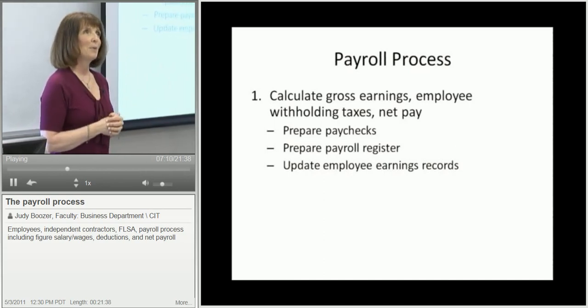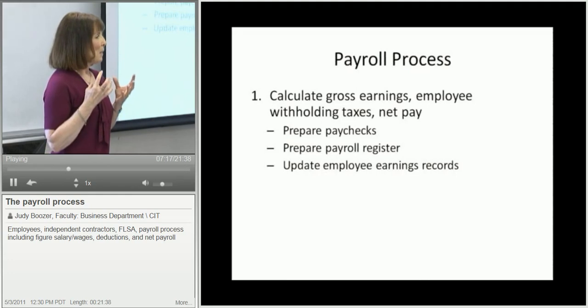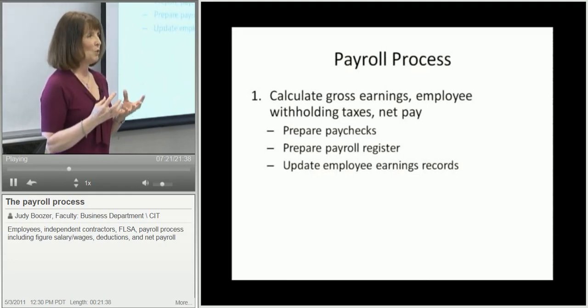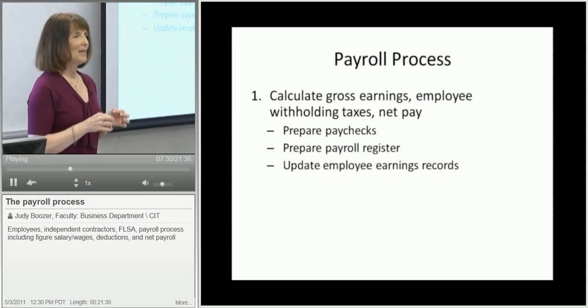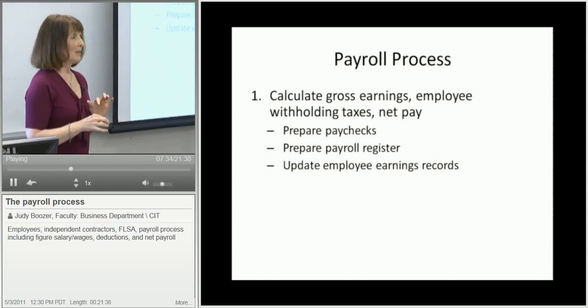So for example, if I receive a salary of $2,000 per month, that is my gross wages, $2,000. Do I actually receive $2,000? Not even close. Because of something called deductions. And we're going to go over those very soon. So right now, gross wages is the amount you're actually paid before any deductions.